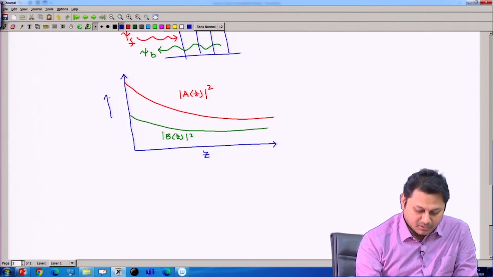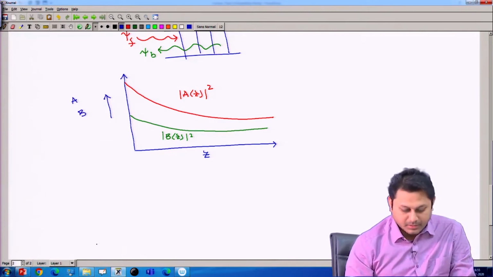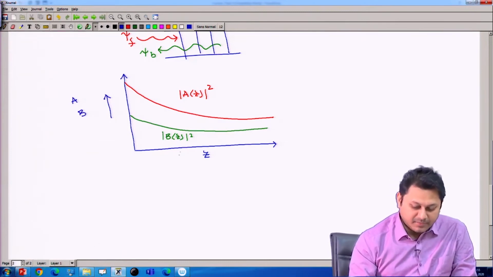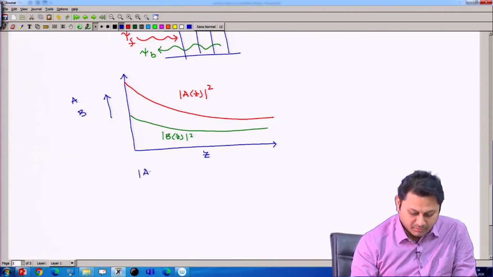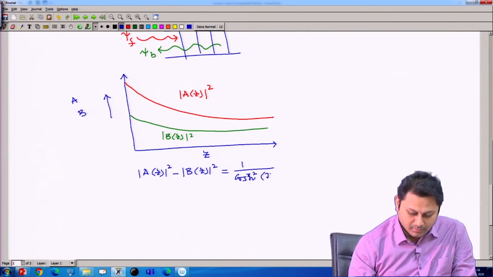Along this direction I plot either A or B, and at every distance, if I make this difference, mod of A z square minus mod of B z square at any z point, it has to be the value like this, which is a constant, that is all.